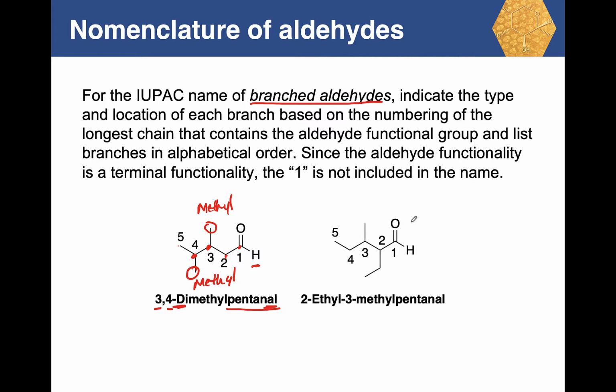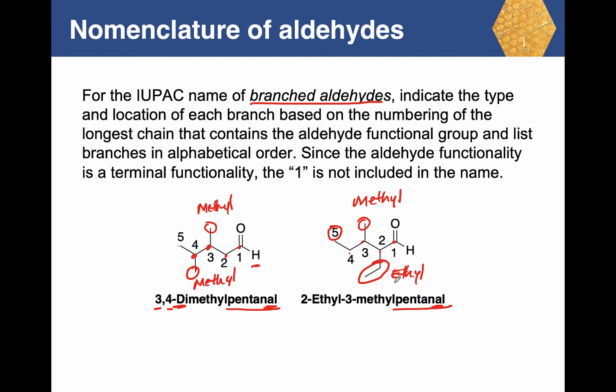Here's another example. Here's the aldehyde, so we give it number 1. So 1, 2, 3, 4, 5 this time. So it's a pentanal. And we have a branch here, which is an ethyl, and a branch here, which is a methyl.